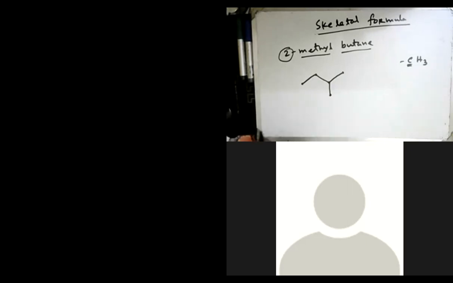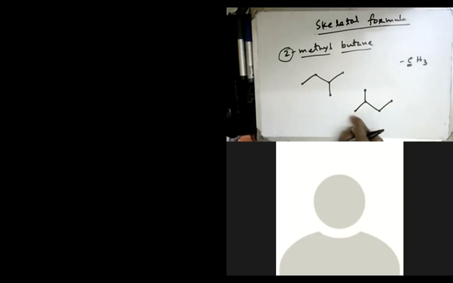Clear? And you can also draw it like this. This is butane. You can draw here also. This is also 2-methyl butane.